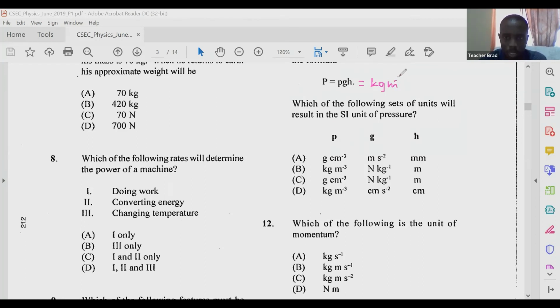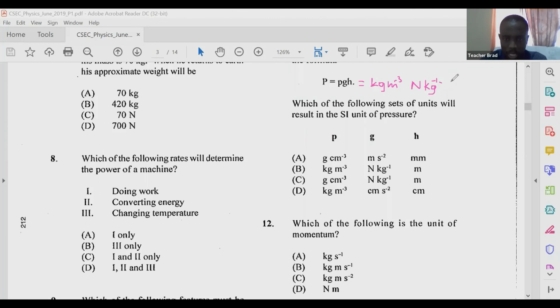That's one of the units we want. And then for gravity, it could be in either of the units, but based on what is here, we know what we're looking for. That is newtons per kilogram, or it could be meters per second squared, but I think what they're looking for here is newton per kilogram. So that's the unit for gravity.